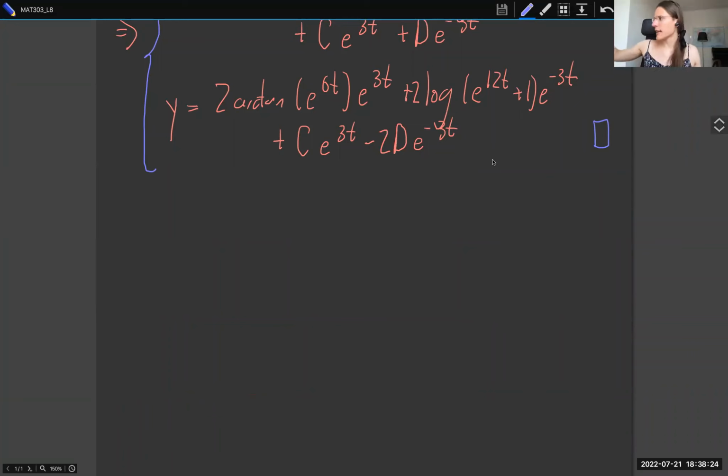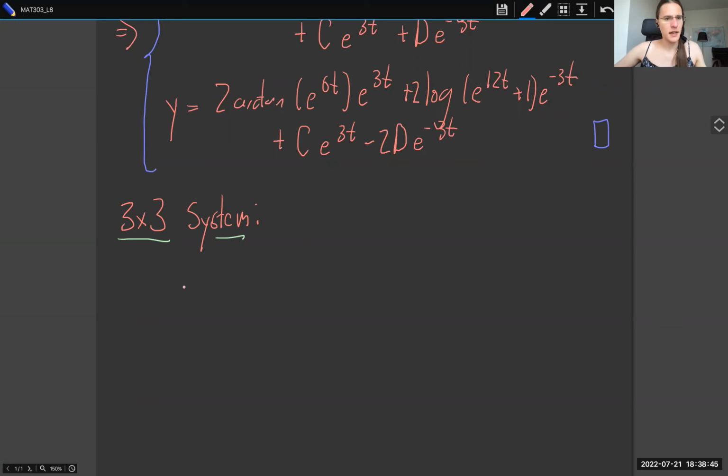I'm going to start the next example. So the next example is going to be more interesting. We're going to do a 3x3 system. And I'm going to start by writing it not in matrix form.